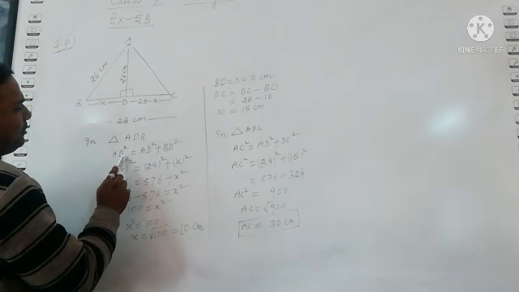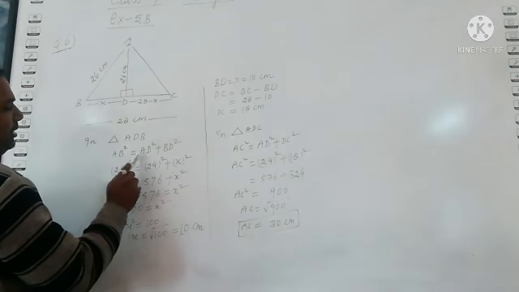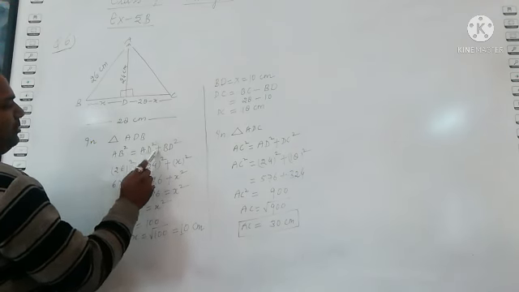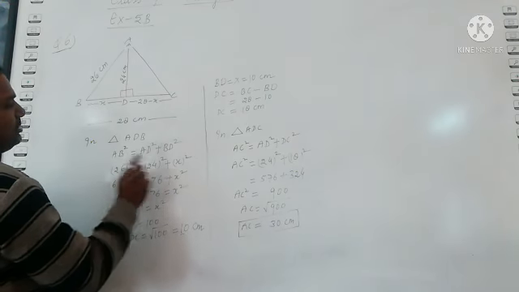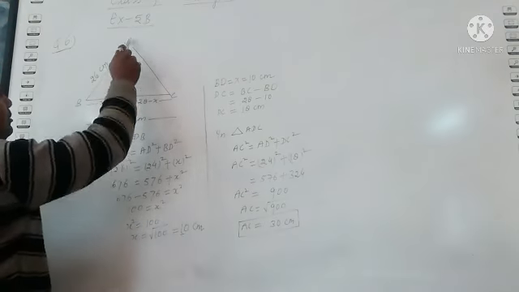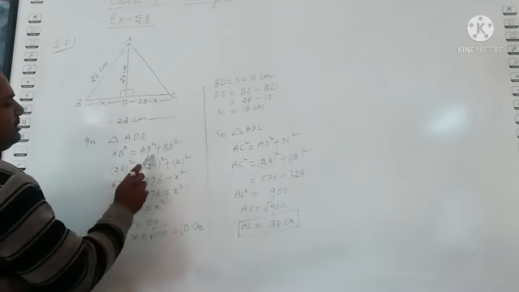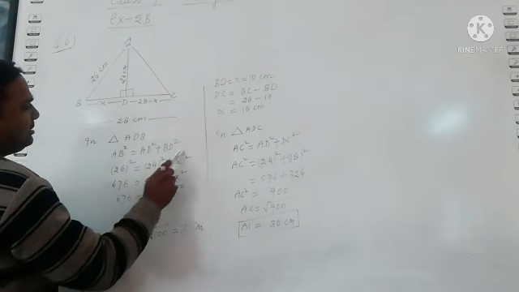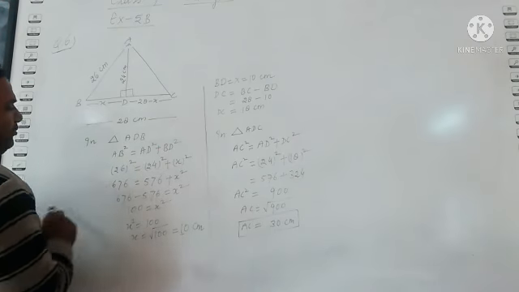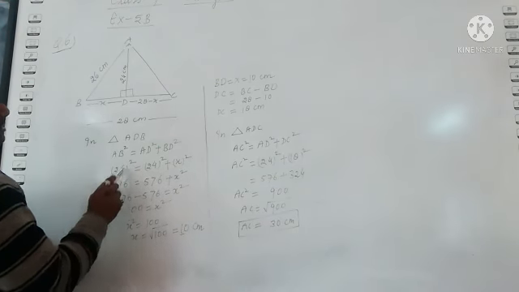So AB square, hypotenuse square, is equal to the sum of squares of the rest two sides. So what are the two rest sides? AD and BD. So AD square plus BD square. This is Pythagoras theorem. AB value we know, 26 square.